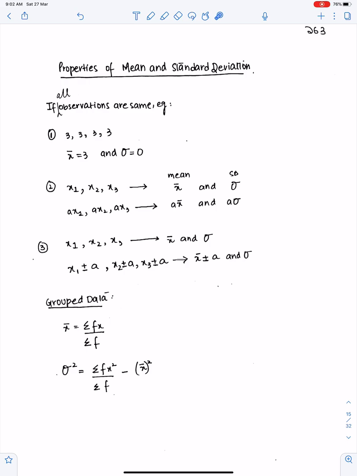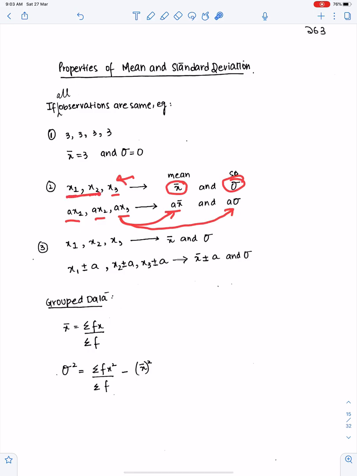Property number 2. We have 3 observations, x1, x2, and x3, and their mean is x bar and their standard deviation is sigma. Now property number 2 is when we multiply each and every observation by a non-zero constant, then we need to multiply the mean of those observations by that constant, and we need to multiply their standard deviation by that constant as well.